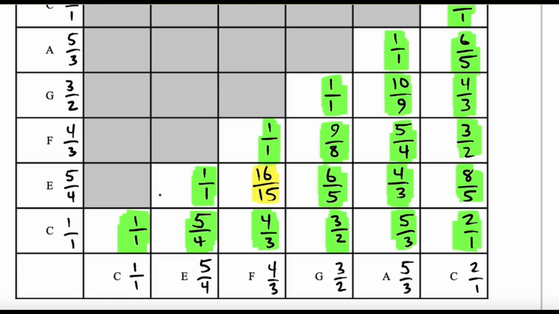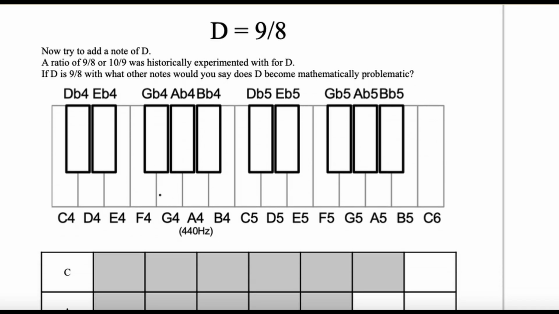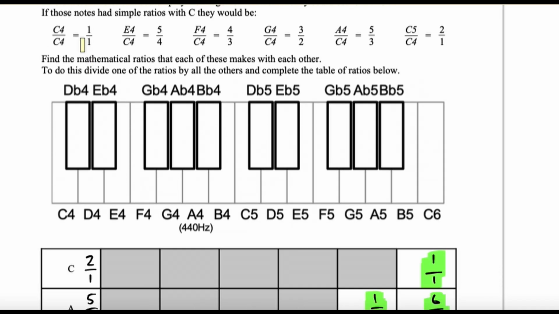So, if we added more notes beyond these, let's say you add in a D of 9/8. So before, the scale just included these notes. Now we're going to be adding another note, which will be this D here. So when we add that, things get substantially worse.